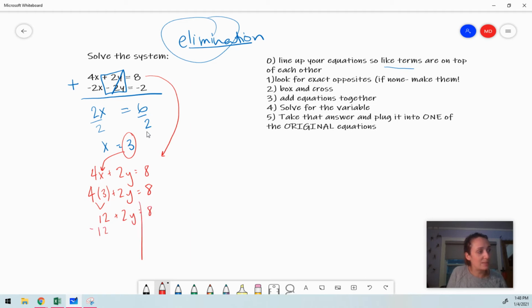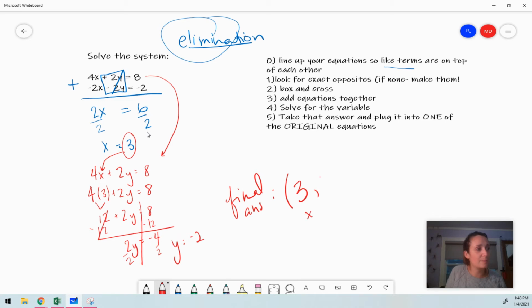I need to get y by itself, so I subtract 12 from both sides. I'm left with 2y is equal to 8 minus 12, which is negative 4. Divide both sides by 2. I get y is equal to negative 2. So my final answer is 3, because that's my x term, comma, negative 2, because that is my y.